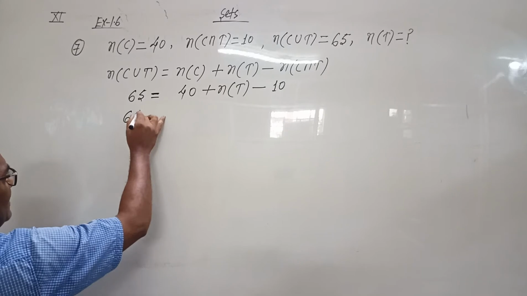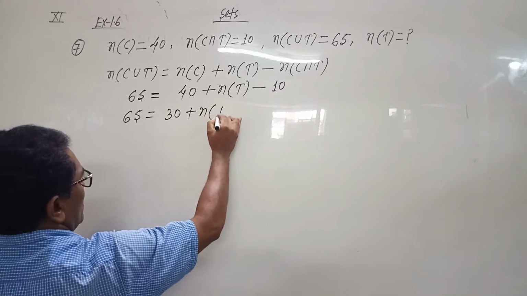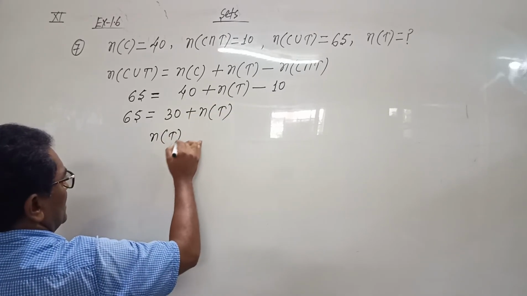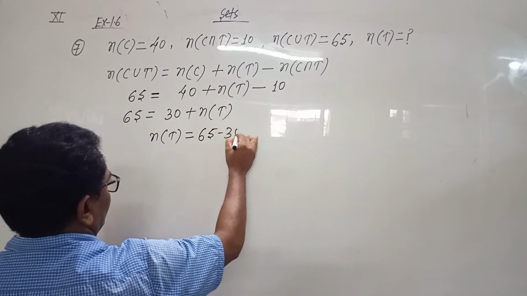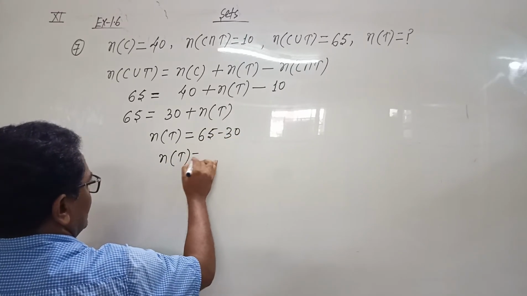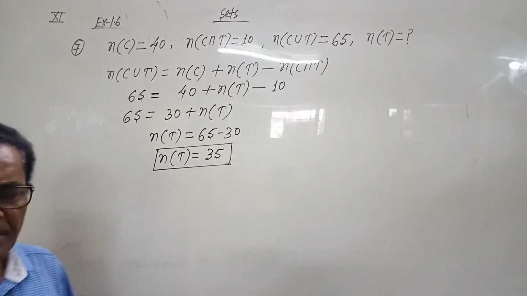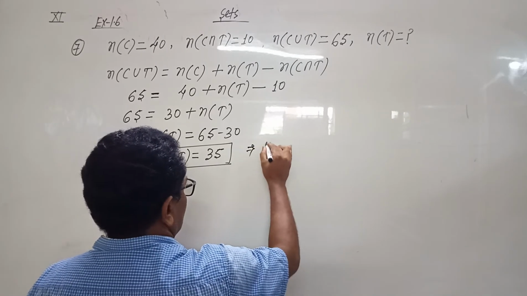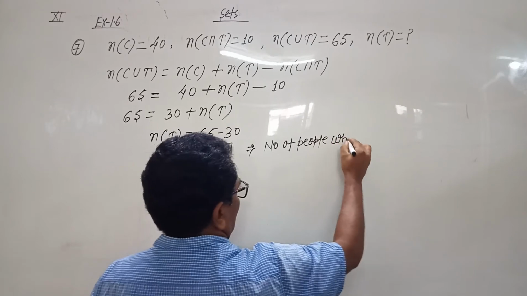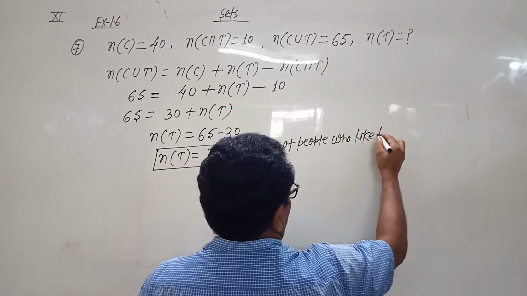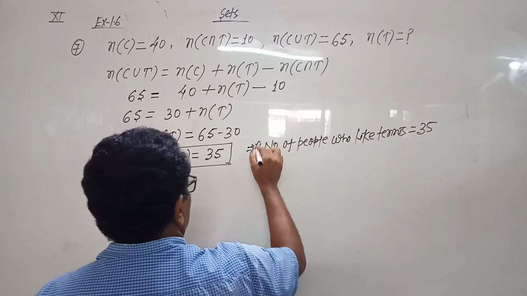So it becomes 65 equals 40 minus 10, which is 30, plus n of T. So n of T, the number of people who like tennis, is 65 minus 30, which means 35. This is the first thing which we calculated.